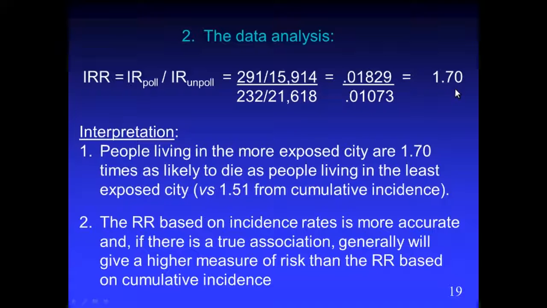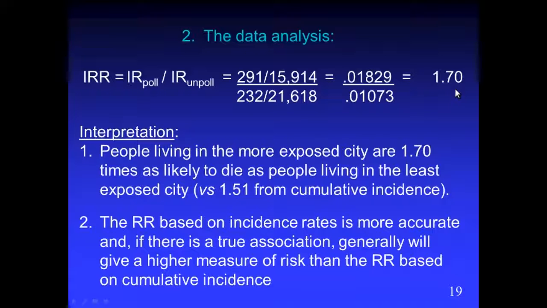Now this is greater than the corresponding measure using cumulative incidence, and it will usually be the case that the two measures are a bit different, maybe not greatly different. Generally speaking, the incidence rate is the most accurate and the most valid, and we would calculate that if we had the data, but we often don't have sufficient data to give us a measure of incidence rate or incidence rate ratio.